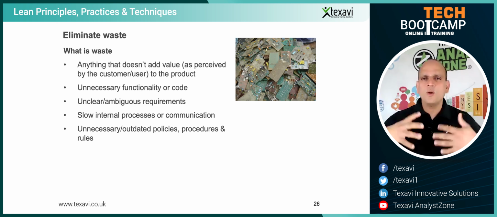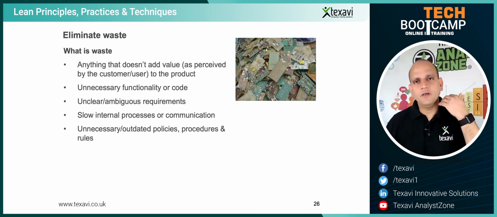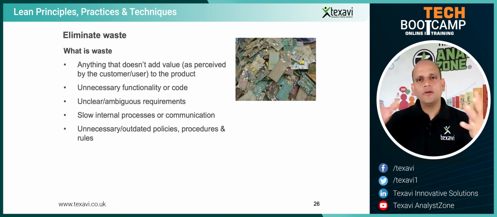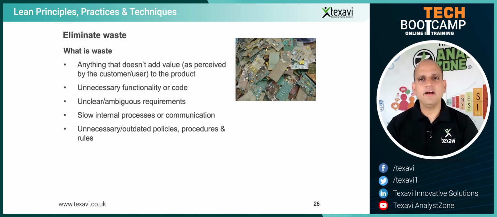And that would take a lot of time and effort to fix or even rework. So it's very important that you catch this waste, this piece of unnecessary functionality, features, or code early on, so that you don't have to spend all your effort and time rectifying that later.